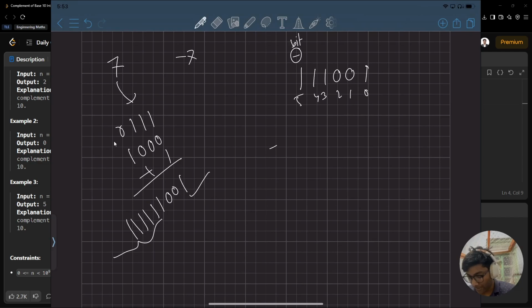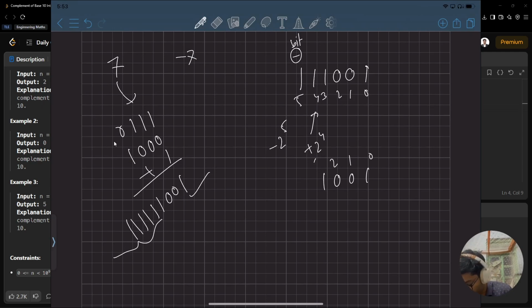So this is minus 2 to the power 5, and this used to be minus 2 to the power 4, but now it has become plus 2 to the power 4. So imagine this is 1001; in 2's complement representation, with positions 0 1 2 3, it is minus 2 to the power 3 plus 2 to the power 0. So this represents minus 7 in our case.